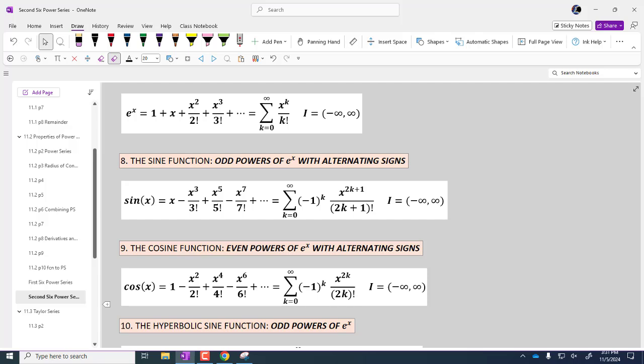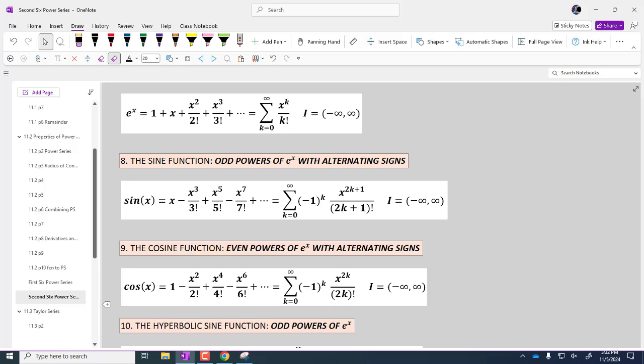So the way we could rewrite e to the x and turn it into a sine function is that? We'll talk about it. It's similar. We have to throw an i in there. But at this stage, just notice that sine is the odd pieces of e to the x with a switch thrown in. Cosine is the evens.